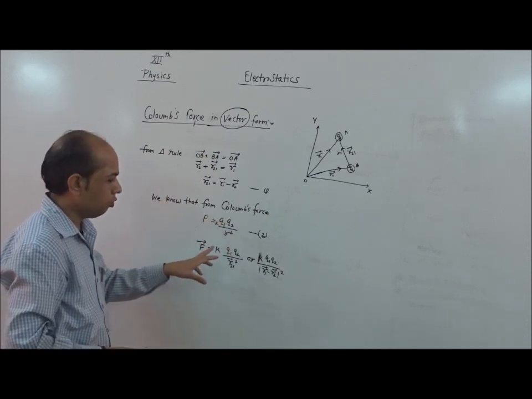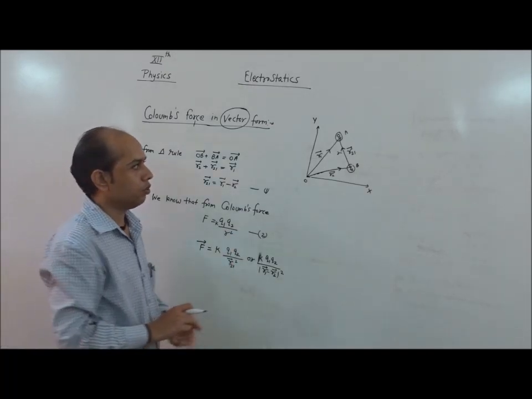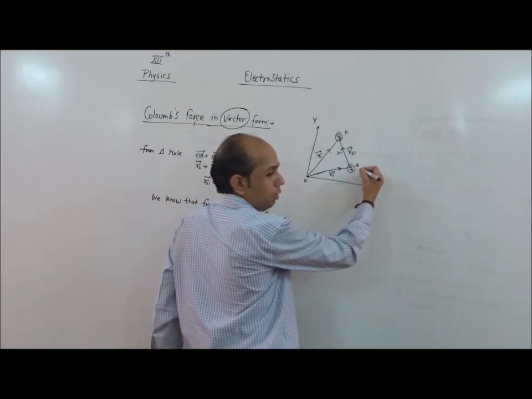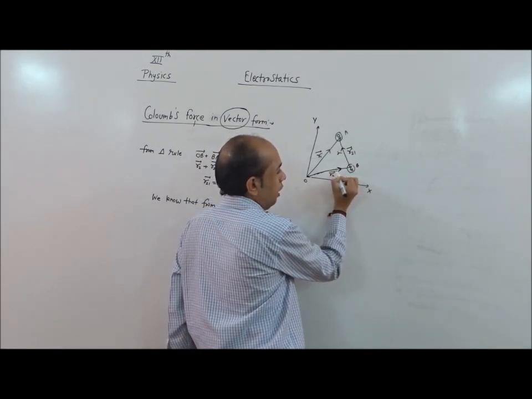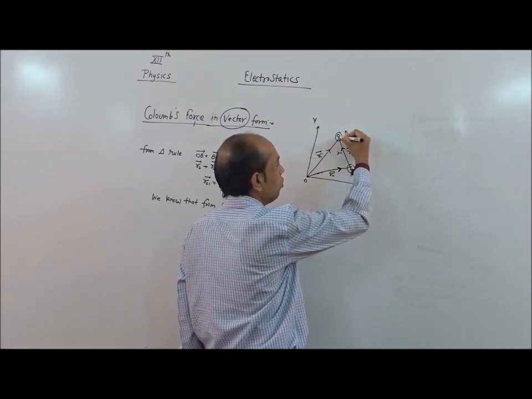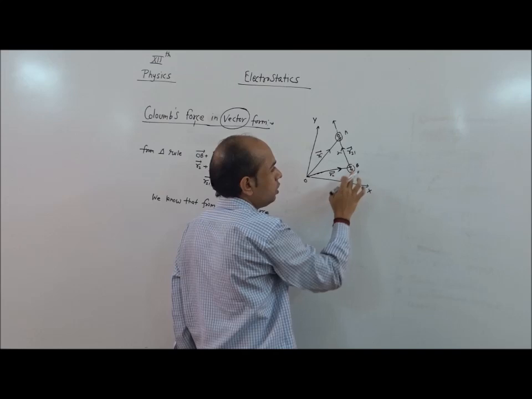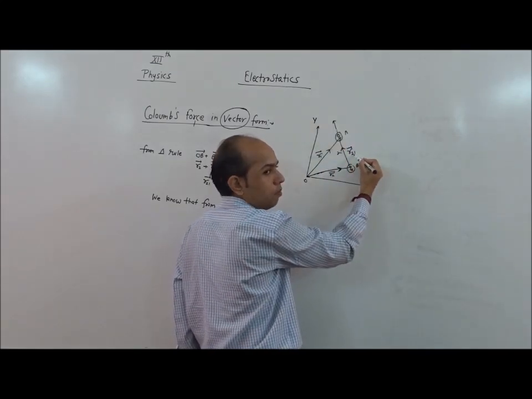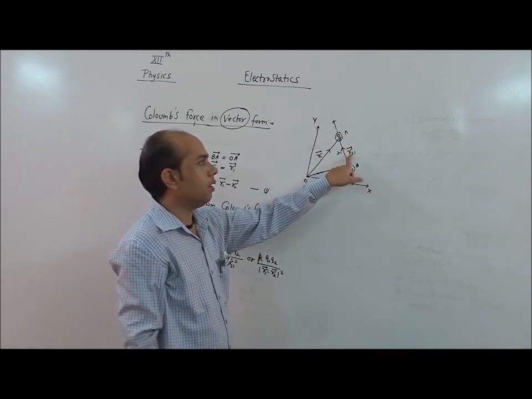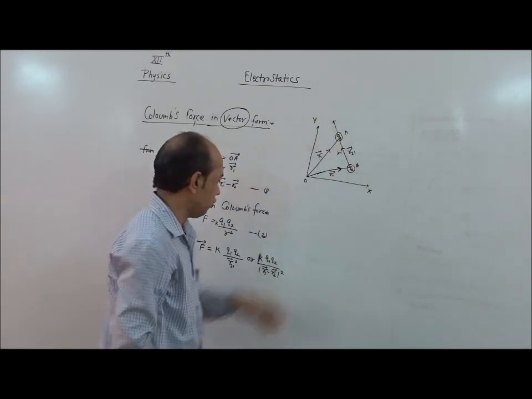But vector quantities have magnitude as well as direction. So where is the direction? We come to this diagram. When we make the arrow O to B, then B to A, if we extend this line, this represents the direction R21, that means from the second to the first charge.